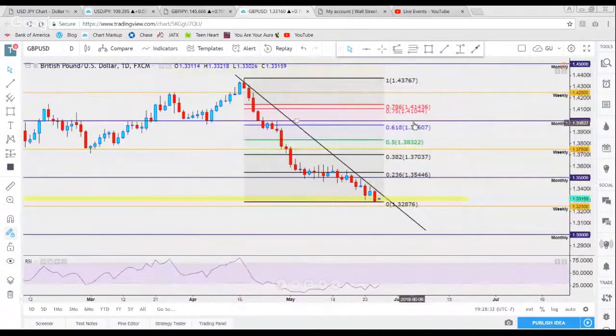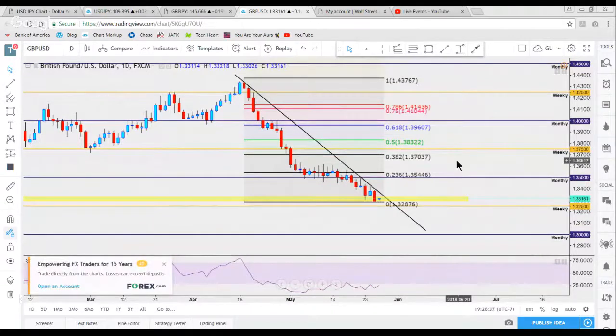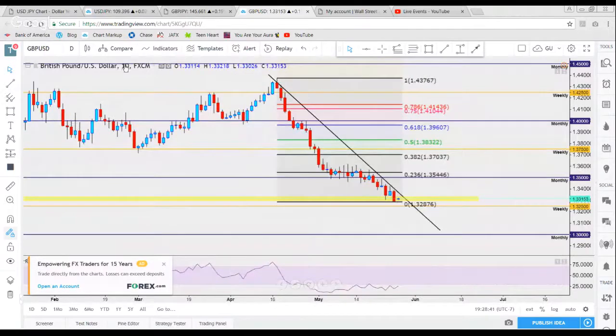But back to this. We came to this level and found support as of right now. We touched this zone right here a little bit, here and here. We didn't drop any lower than 1.329 ish.